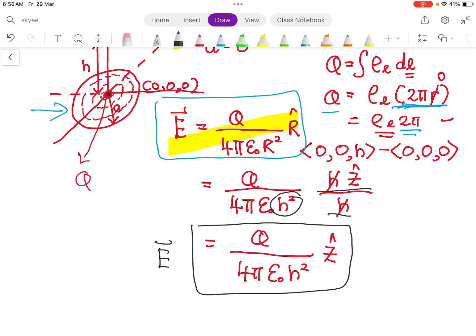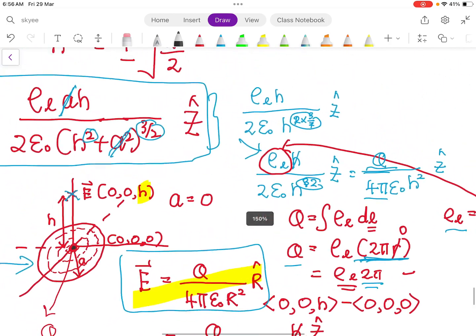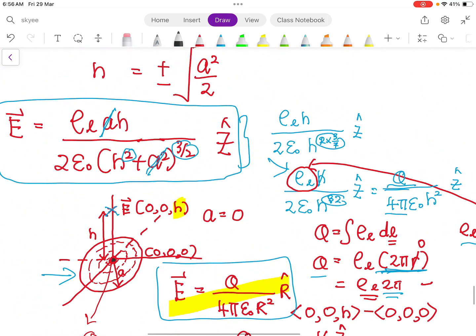There is another way of doing it, where we approximate the equation based on the equation of the ring. So this is the equation of the ring right here. When the a is 0, you can cancel it.